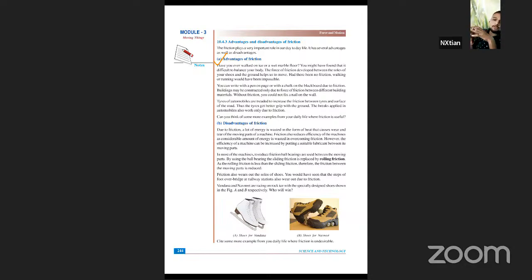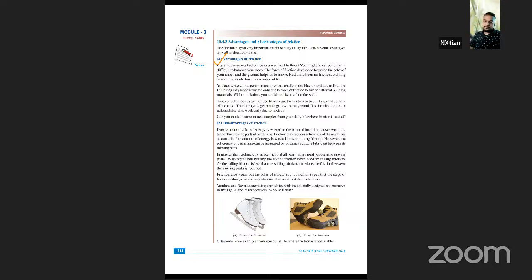I don't know if you experienced this or not. You can't write on the cover of the notebook with the ball pen, or it's very difficult to write. Yes or no? If you want to write a name on the cover of your notebook with the ball pen, you're not able to write it because the cover is smooth and the ball pen tip is also smooth.